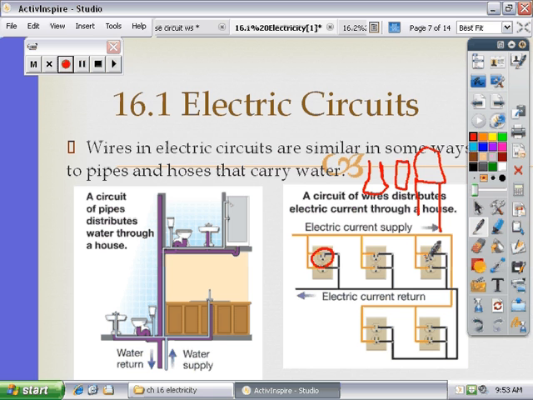But why do some plugs have this third hole on them? What is that third prong's purpose? Doesn't it make the voltage higher? It doesn't make the voltage higher. Does it supply more electricity? No, it doesn't. What does it do?